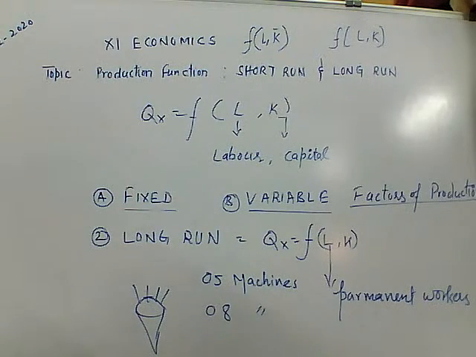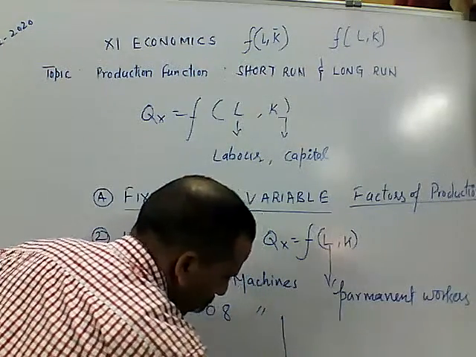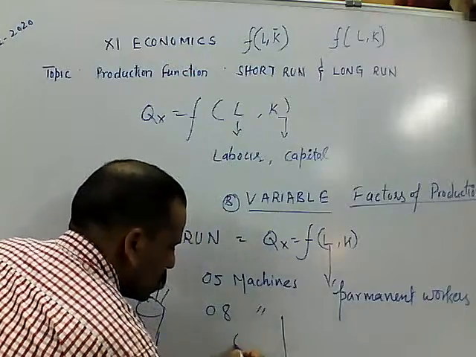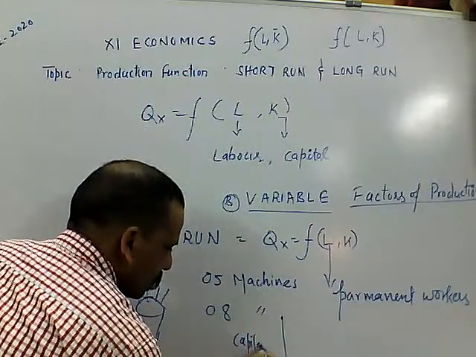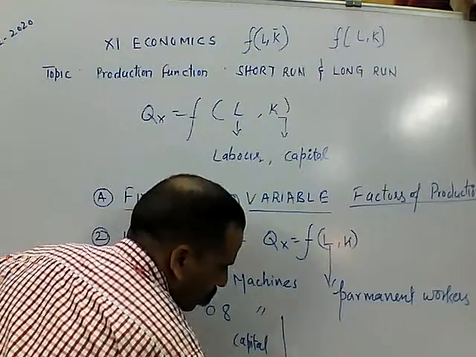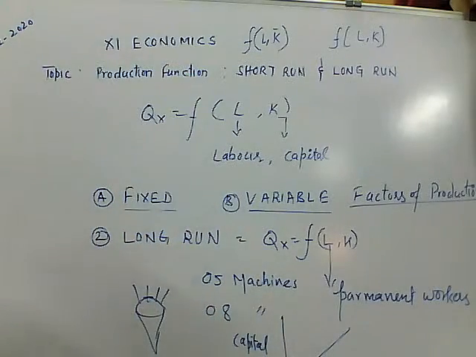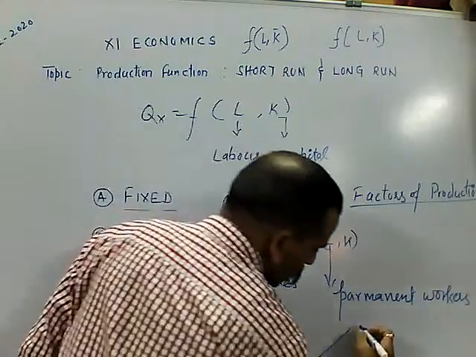So if you talk about the long run production function with the help of a diagram, on this side we are taking capital, and on the other side labor. So this is your constant factor ratio, relevant in the long run production function.